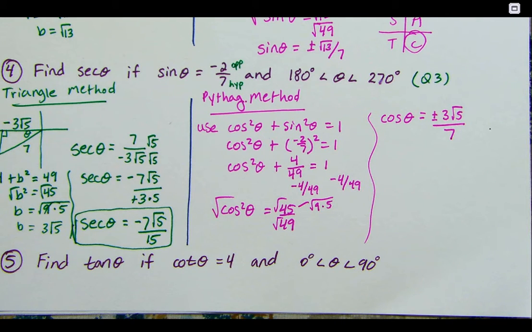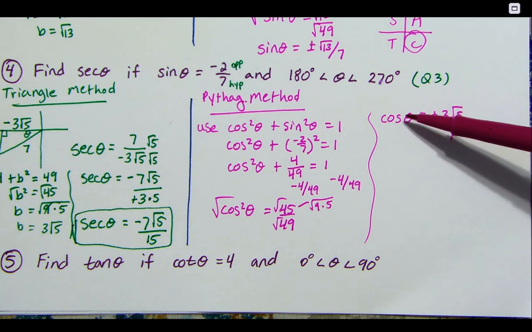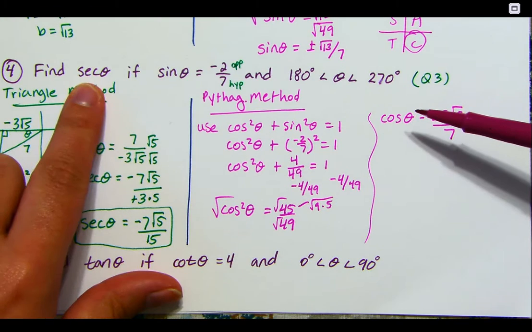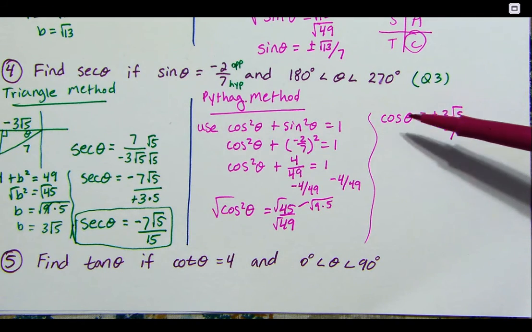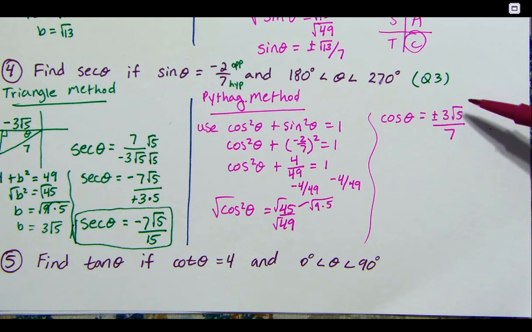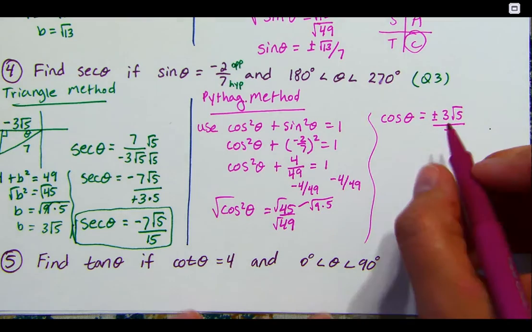Okay. All right, so notice how we ended up with cosine, but our question is asking for secant. So what that means is I need to flip this over to the reciprocal to find secant.